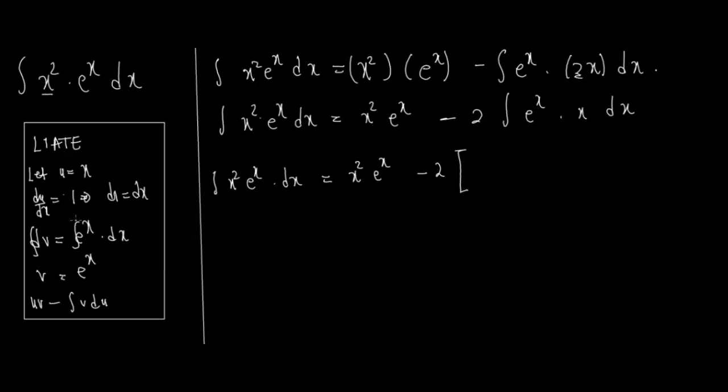What is u? u is equal to x, and v is equal to e to the x, minus the integral of, v is equal to e to the x, and du is equal to dx.